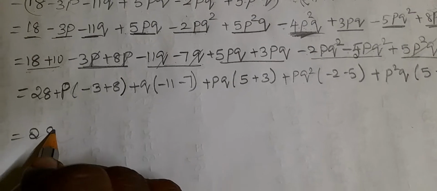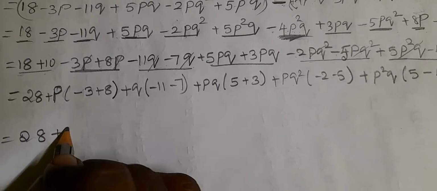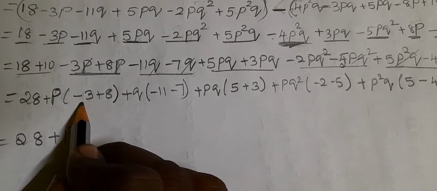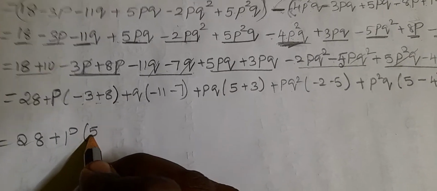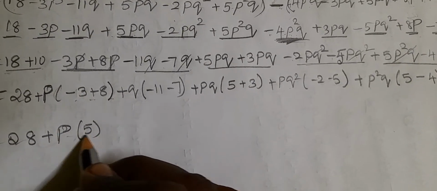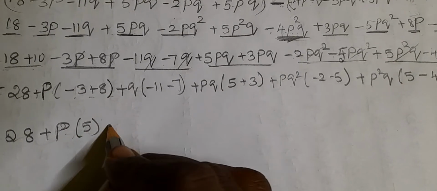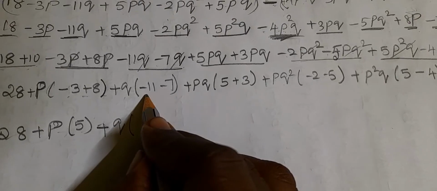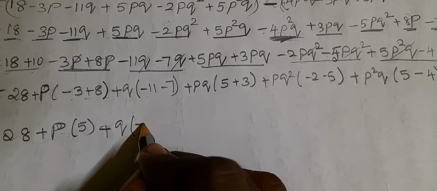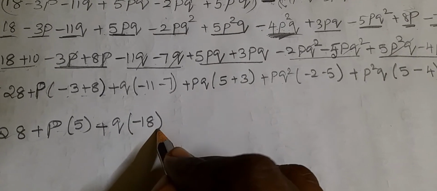Let us simplify again. 28 plus p, minus 3 plus 8, if you simplify we get plus 5. P into 5. Plus q, minus 11 minus 7 will be minus 18.